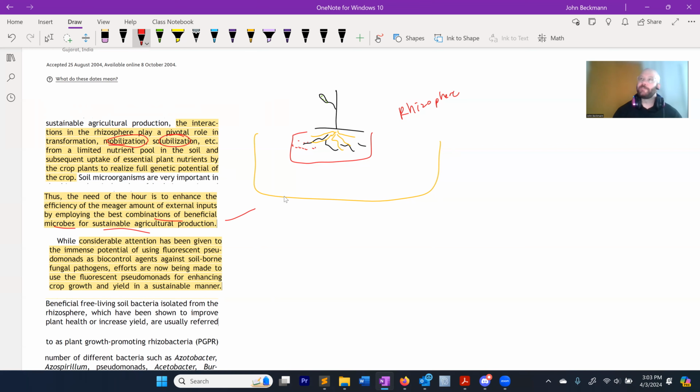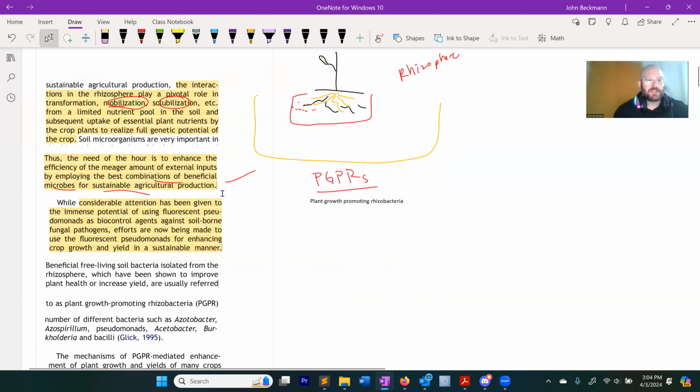And so there's a newer idea, maybe not super new, but relatively new, that if you could figure out the perfect microbial cocktail, you could put that near the seeds or as a seed treatment or in the soil, and then your plants might do much, much better because they're in this microbiome associated environment where there are microbes producing everything they need, okay? So that's the idea of PGPRs. PGPR stands for plant growth promoting rhizobacteria, okay?